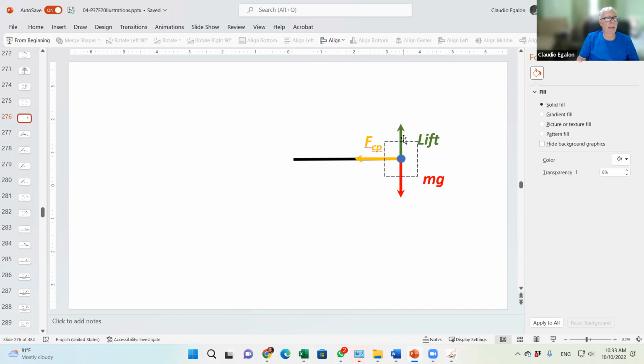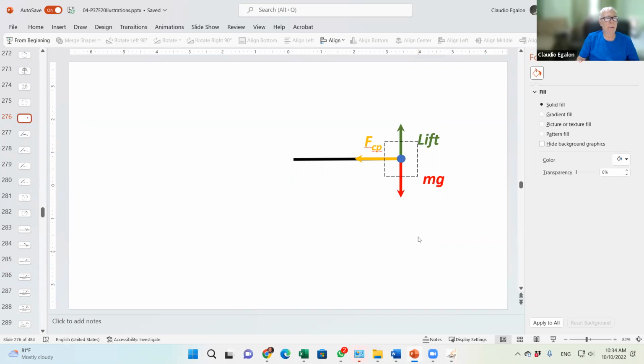Weight applied to the plane, lift of the wings applied to the plane, and the tension in the guideline applied to the plane. That's what we call the free body diagram. The lift cancels the weight because the airplane is not accelerated upwards or downwards. According to Newton's first law of motion, the lift is equal to the weight.